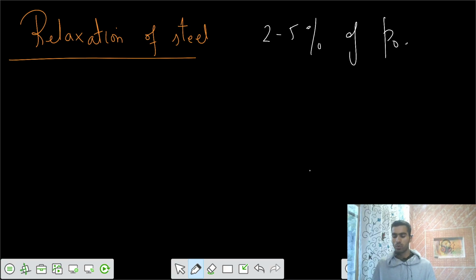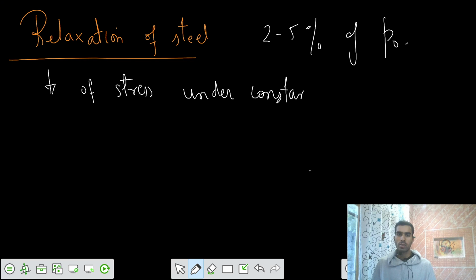This is the phenomenon of decrease of stress under constant strain. Creep was the increase of strain at constant stress, and relaxation is the decrease of stress at constant strain. That's your relaxation of the steel.